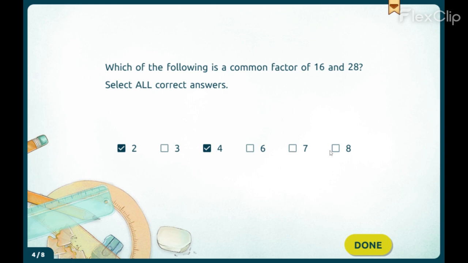What about 8? 3 times 8 is 24 and 4 times 8 is 32. No, it doesn't work for number 28. 7 doesn't work for number 16, even though it works for number 28. And 3 doesn't work for 16 and it doesn't work for 28. It can split these numbers, but not equally. We'll have decimals. So the right answer is 2 and 4.